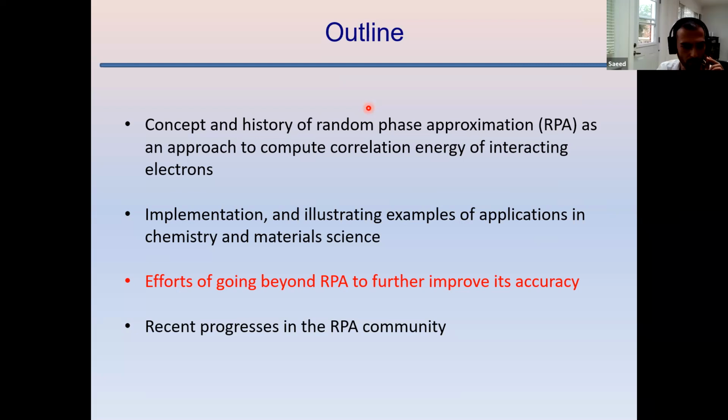Thanks, Xinguo. Matthias, would you like to ask your next question? Yeah. So that relates to the relation between RPA and coupled cluster theory. In principle, all Hartree-Fock-based methods have problems with metallic systems. That's why RPA is good for metals, and it's good for metals also because we start with density functional theory.